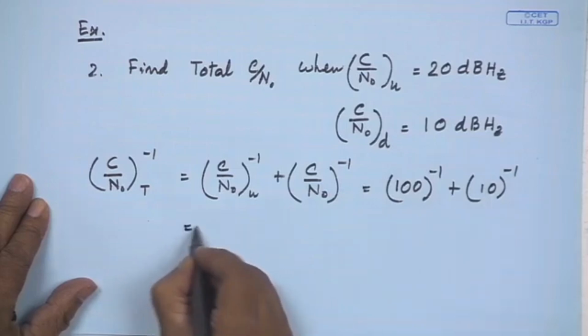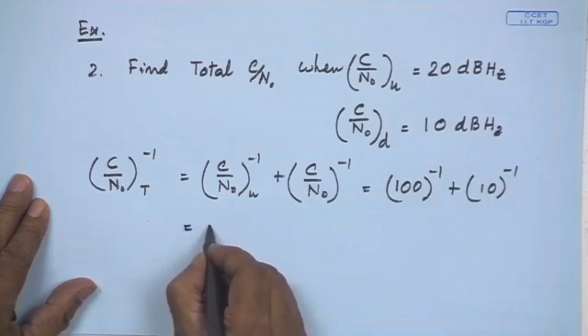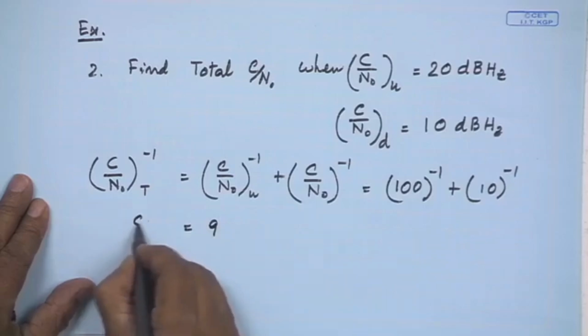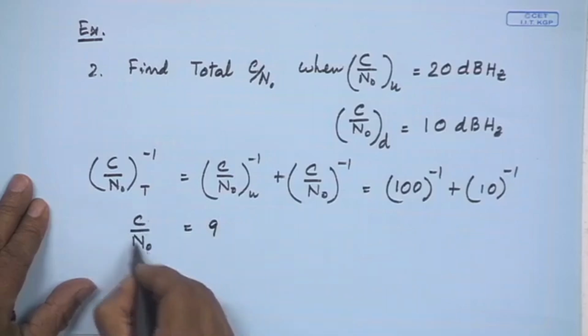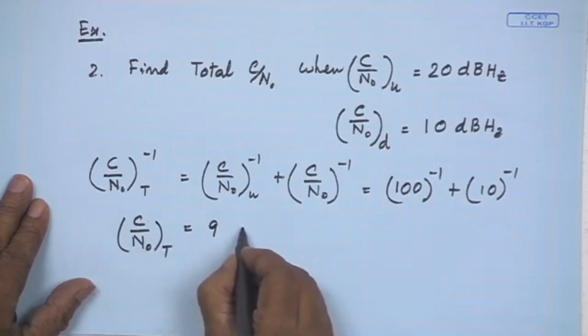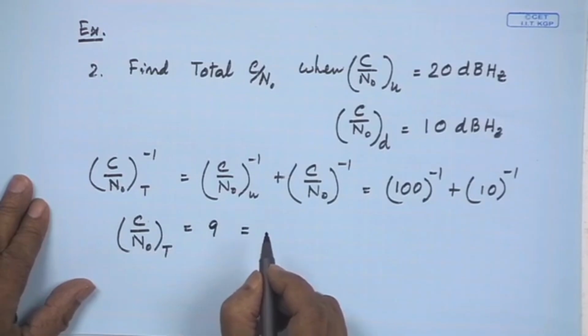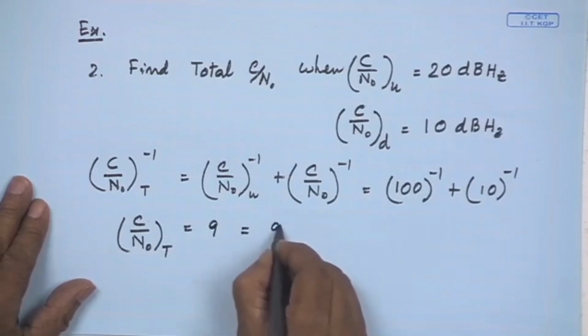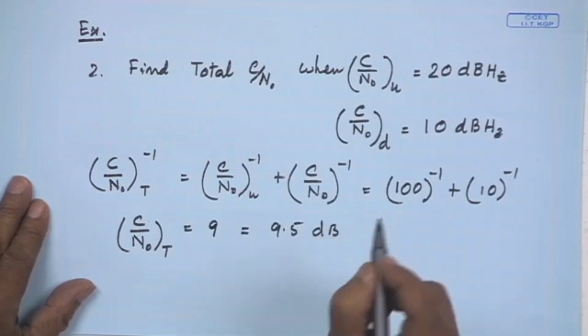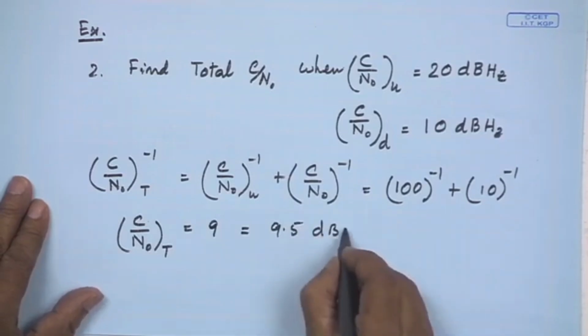So, result is roughly 9, and if we inverse it again, C by N 0 total is 9, which is 9.5 dB hertz.